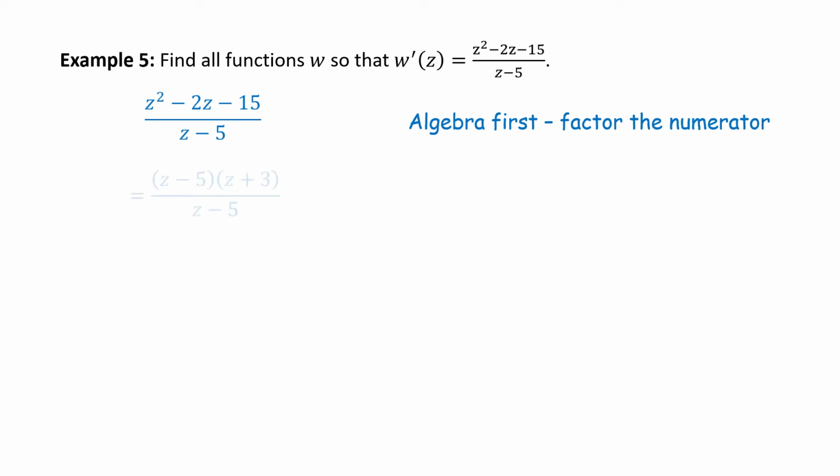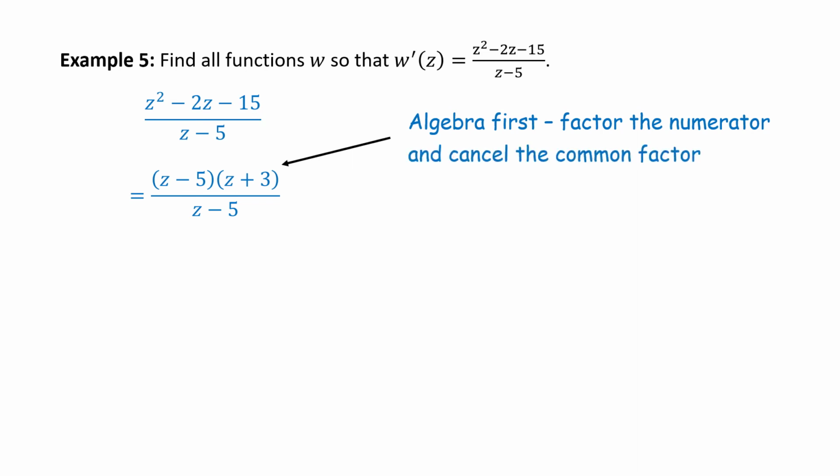That'll give you z minus 5 times z plus 3 in the numerator divided by z minus 5. Now we'll cancel the common factor of z minus 5 in the numerator and the denominator, so our function reduces to just z plus 3.